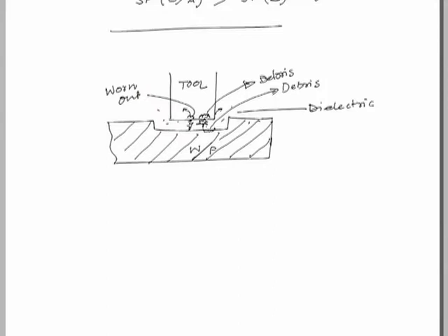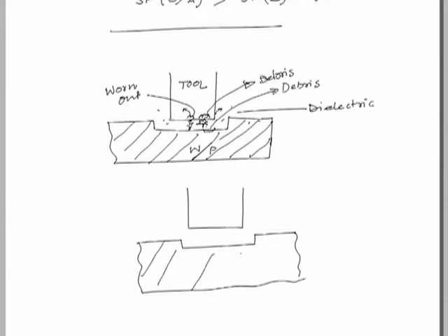However, if we use some powder particles here, then what happens? Principally, it works like this. This is the workpiece, this is the tool. Now, if small abrasive particles are there, these are suspended in the dielectric.